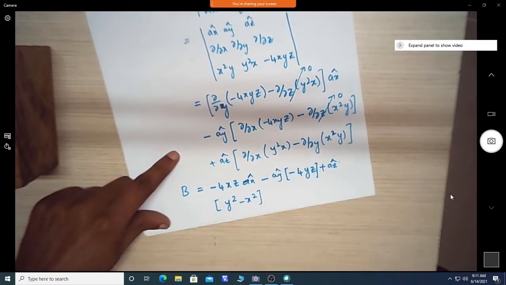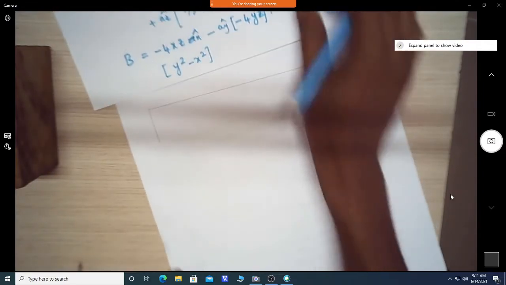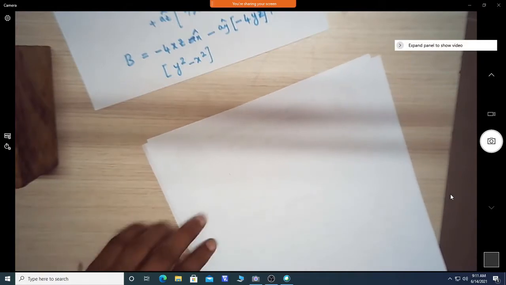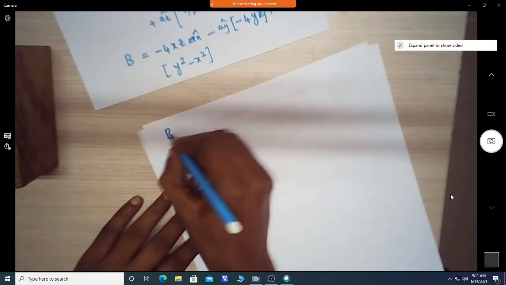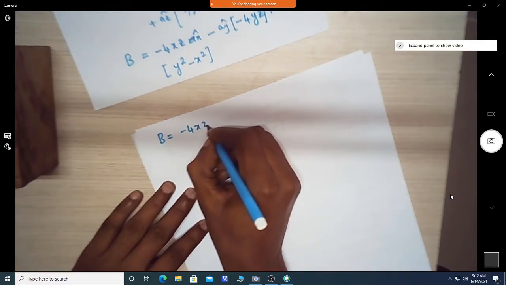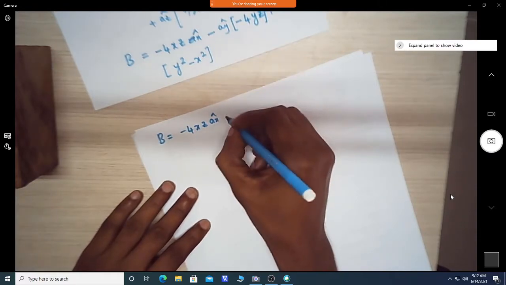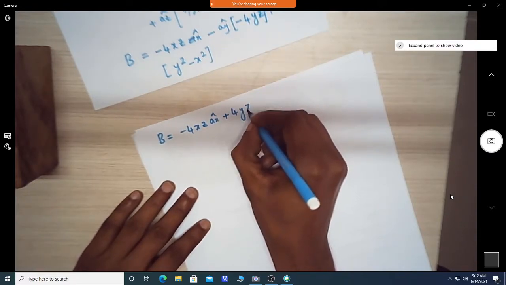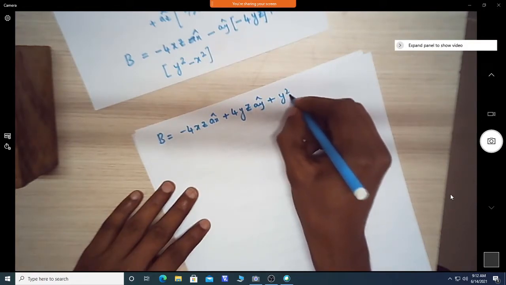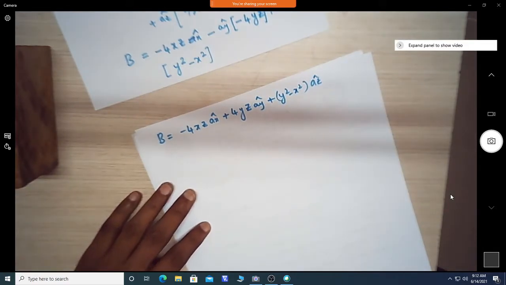So this is what the B is. So we'll rewrite B in the ax, ay and az directions. B will be equal to minus 4xz in the ax direction, minus into minus becomes plus 4yz in the ay direction, plus y square minus x square in the az direction.